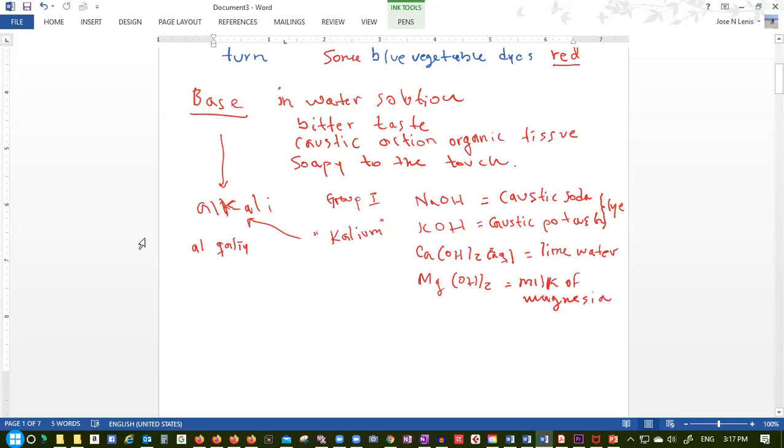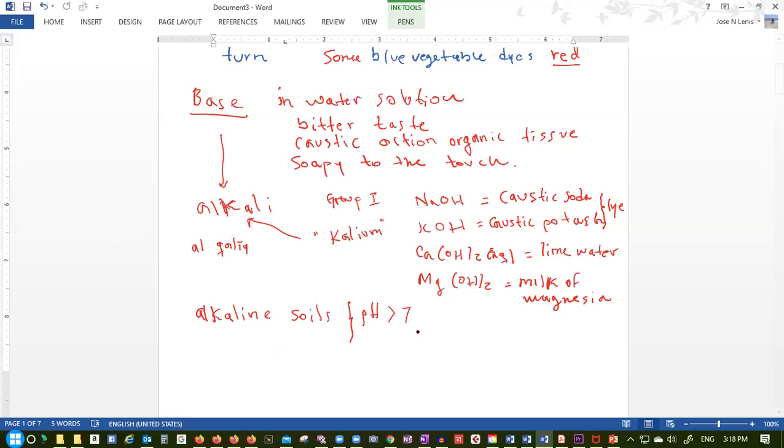Anyway, sometimes you hear the application of this concept when you hear about alkaline soils. When the soil has a pH slightly above 7, it's what we call alkaline soils.